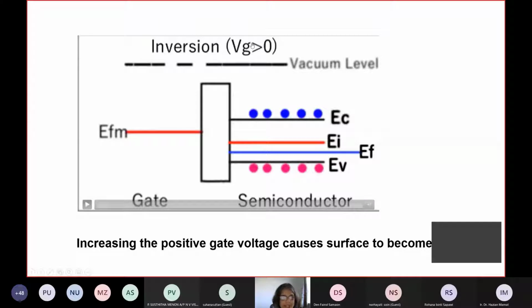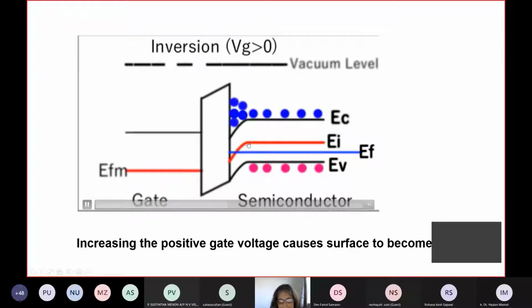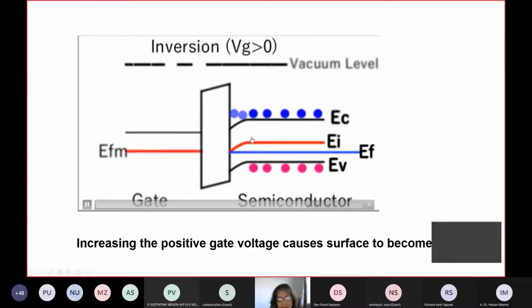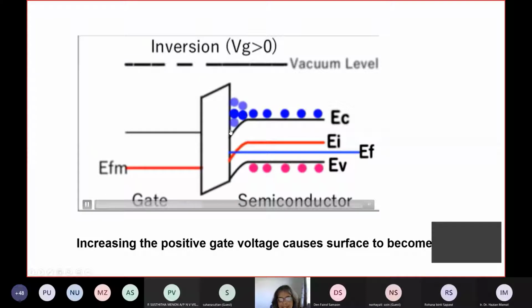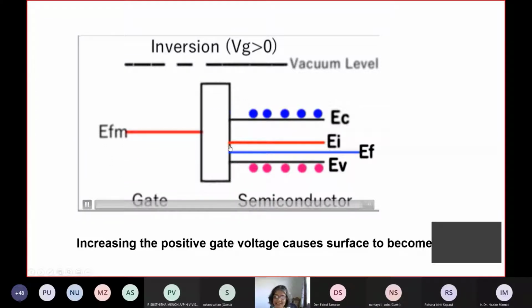Now, if this gate voltage is much higher, very much greater than a certain level, it pushes it really down, and then the intrinsic level crosses the Fermi level here on this surface. And what this does is then it accumulates electrons at the surface and creates this channel that allows the electrons to flow from the source to the drain, as I've just explained before.